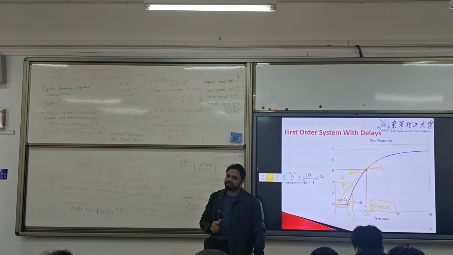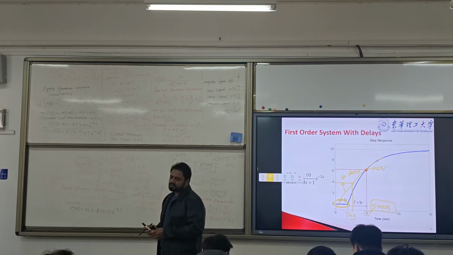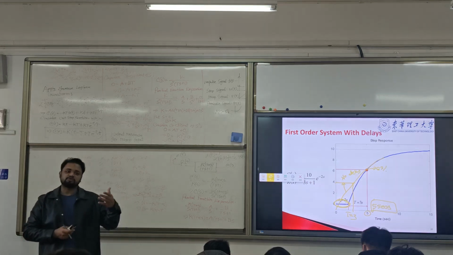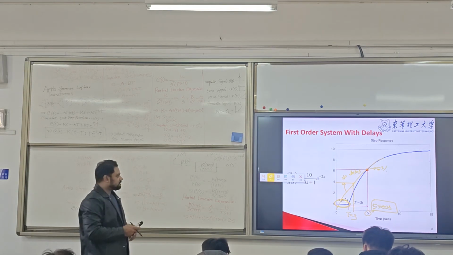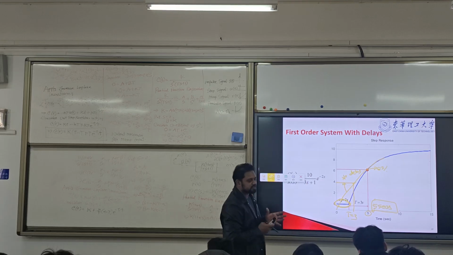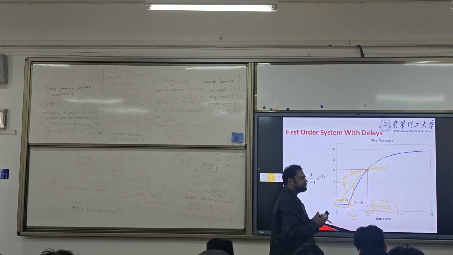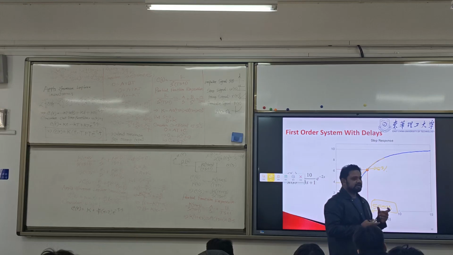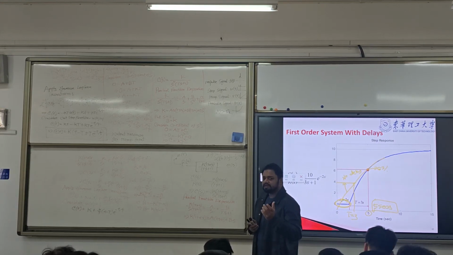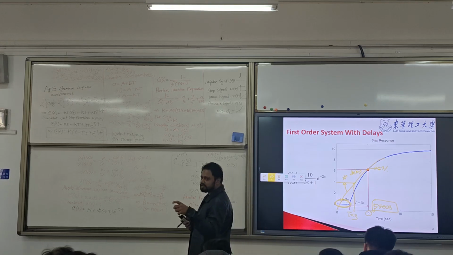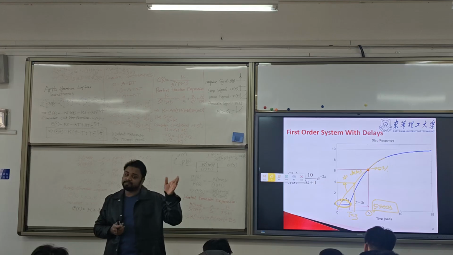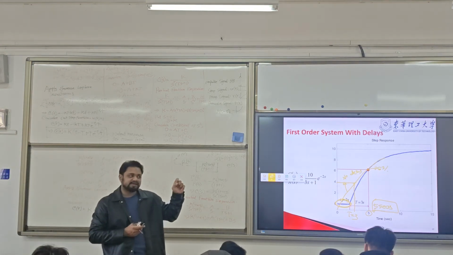That is what happens if there is a delay time. The system will be slow. The system will respond slowly. So these are different explanations and analysis for different types of systems. If we don't have a zero, or if there is a zero, how will the system behave? It depends on alpha and t.